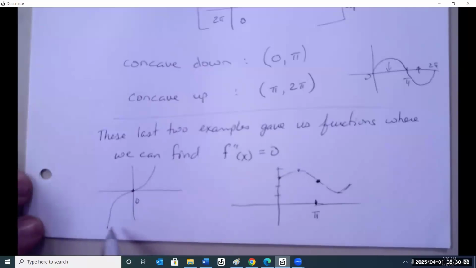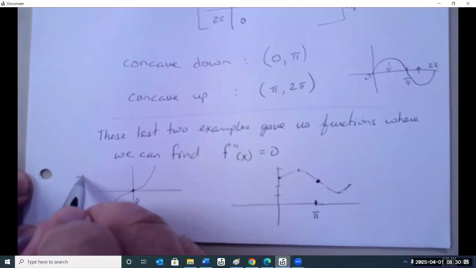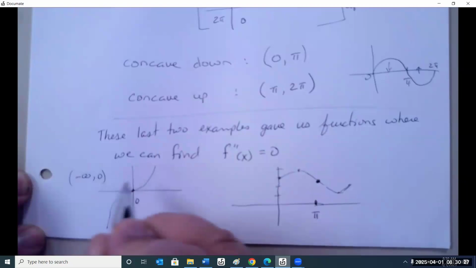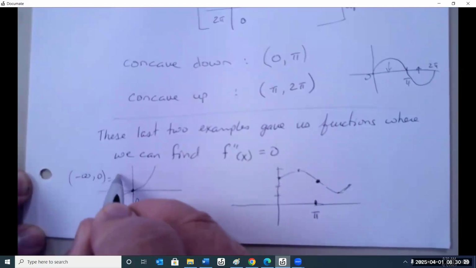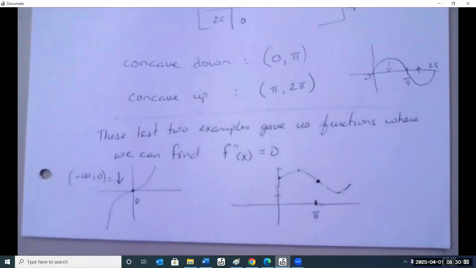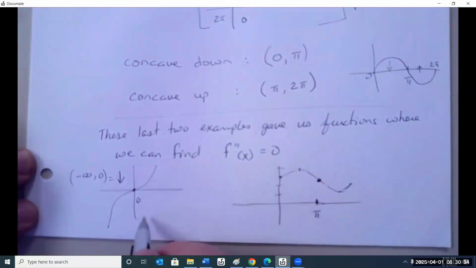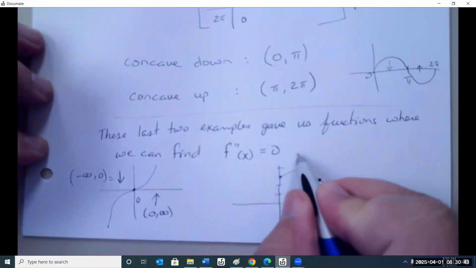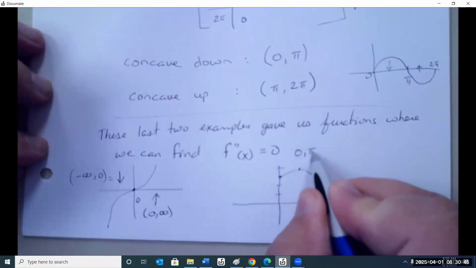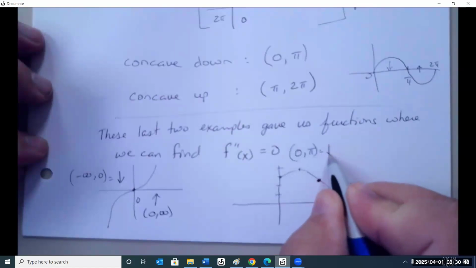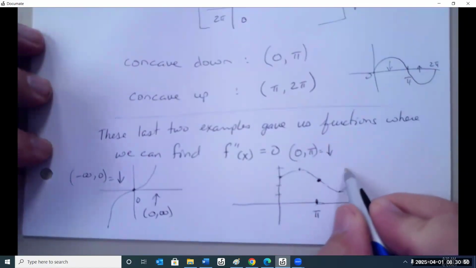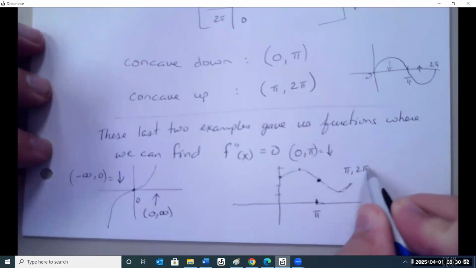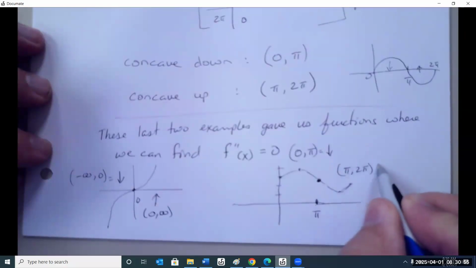So in the first example, we had this one, where from negative infinity to 0, it's concave down. And then from 0 to infinity, it's concave up. From 0 to pi, it's concave down. And then from pi to 2 pi, it's concave up.